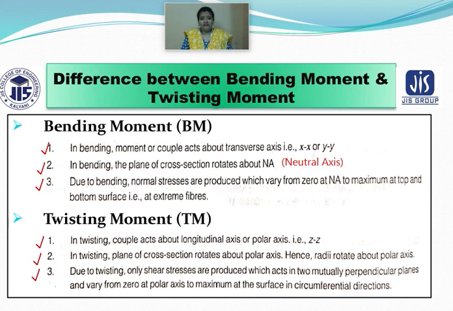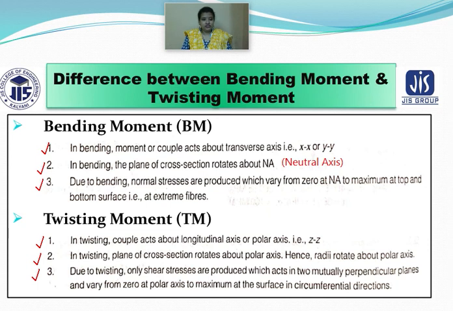To conclude the difference between the bending moment and the twisting moment: in case of bending moment, the couple acts about your transverse axis, along the x-axis and y-y direction. In case of twisting moment, the couple acts along the longitudinal axis, or polar axis, which is along your zz direction.